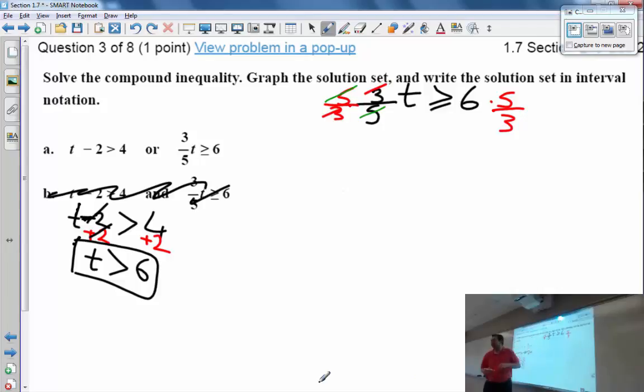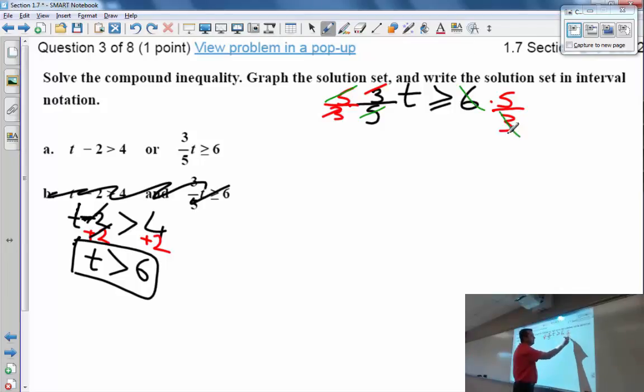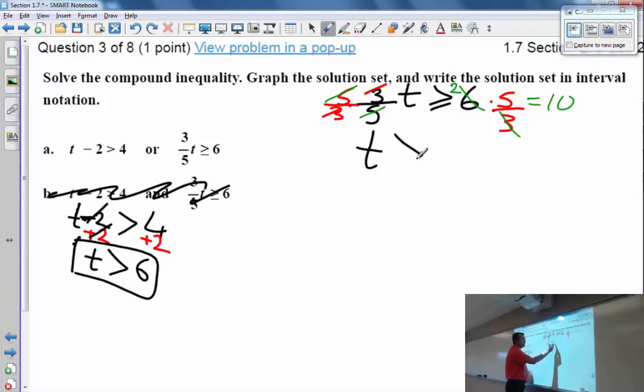You flip and multiply both sides. This gives us only 2, and 2 times 5, which is 10. Correct? Let me write the final result. T is greater than or equal to 10.